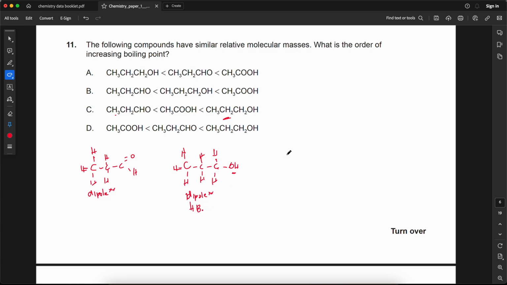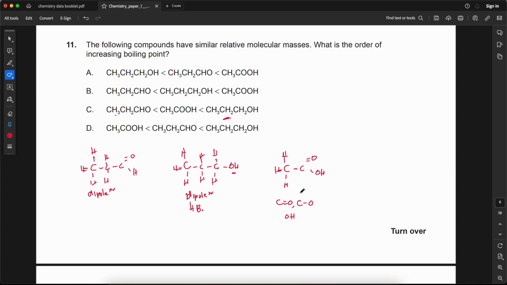Hydrogen bond. And for ethanoic acid, CH3COOH, it has polar C=O and also a C single bond O and hydrogen bonding. So the dipole forces are strongest here compared to this one.